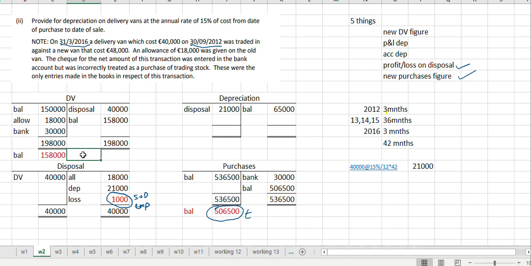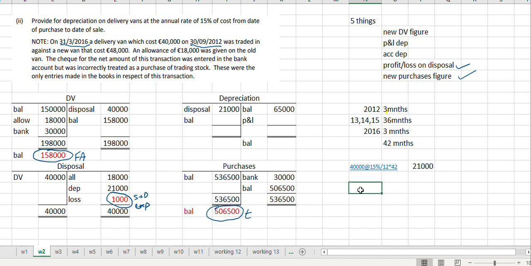And that will be, I'll just circle it here, that figure there, the 158, is a fixed asset and the actual figure for delivery vans. Okay, what we're looking for here now in the depreciation is your depreciation for the year and then your balance of depreciation, which will be your accumulated depreciation.